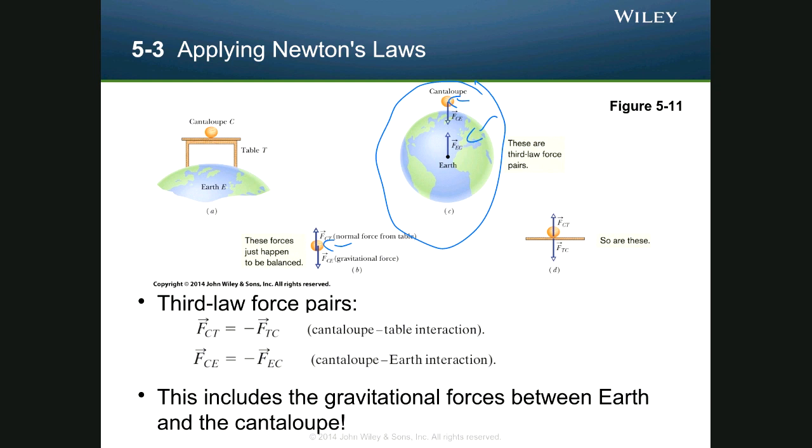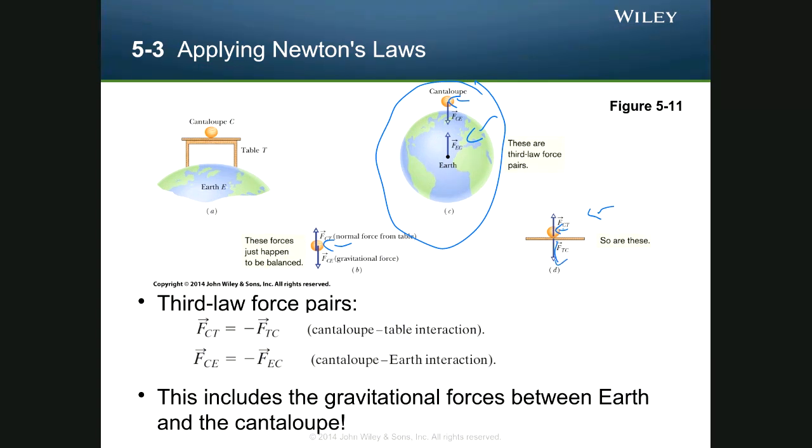Now, I want you to notice something. When you look here, you have two objects. You have the cantaloupe, and here you have the normal force, but it's not the gravitational force. You have the force pushing up, and this is the force of the cantaloupe on the table.